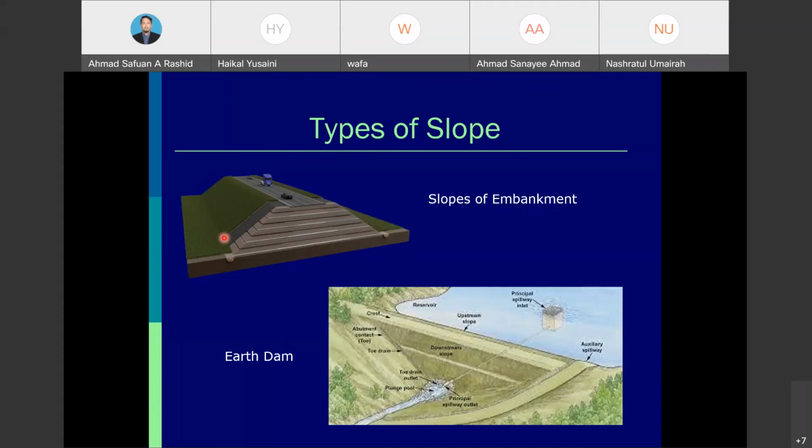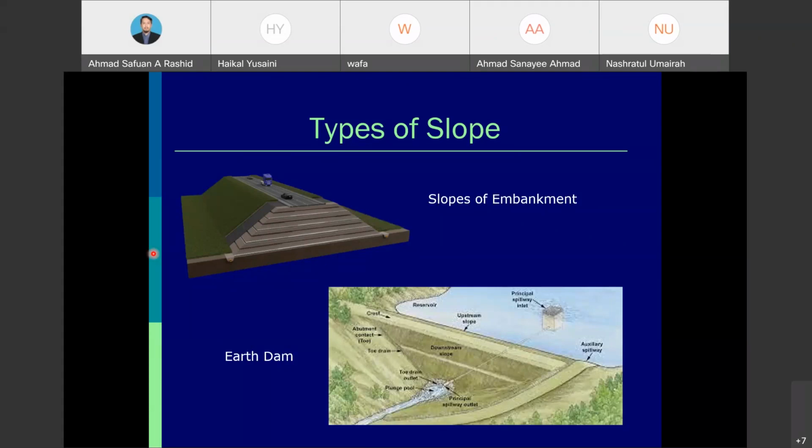In terms of degrees, it is 27 degrees, because that is the most ideal slope gradient in stable conditions.